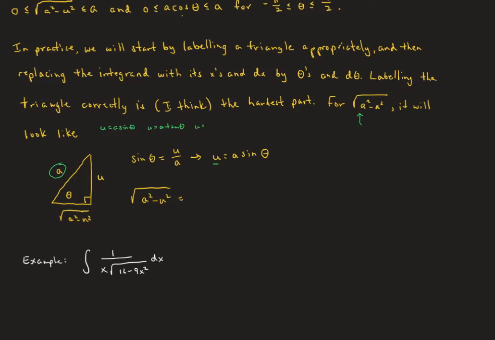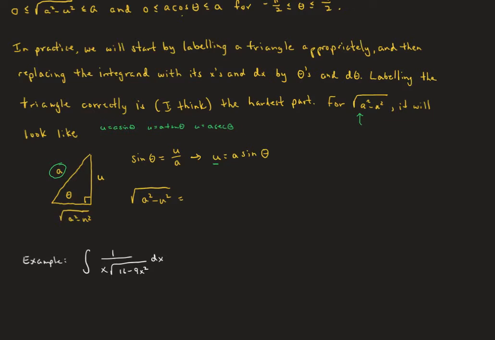Now it is possible to do this using the other trig functions. So in this case, we're going to choose u to be a sine theta, and you could do it with an a cosine theta, but that's not generally done. So to make something that is already quite complicated a little simpler, we're going to just agree to always choose u to either involve a sine, a tangent, or a secant.